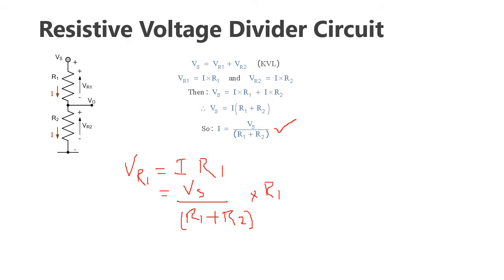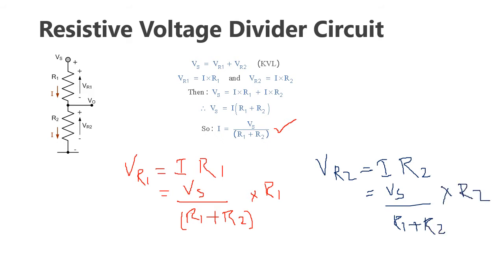Likewise, we can take another relationship for VR2. VR2 will be equal to I into R2. So I we can again write as Vs over R1 plus R2, into R2. So here are the relationships for VR1 and VR2.